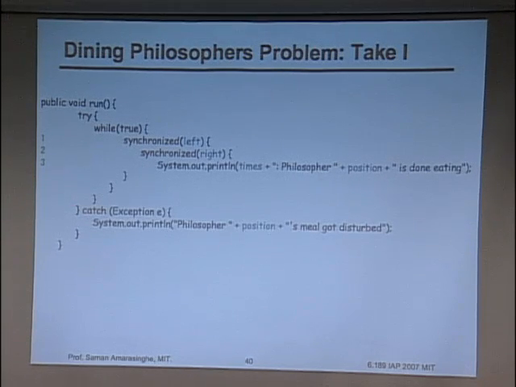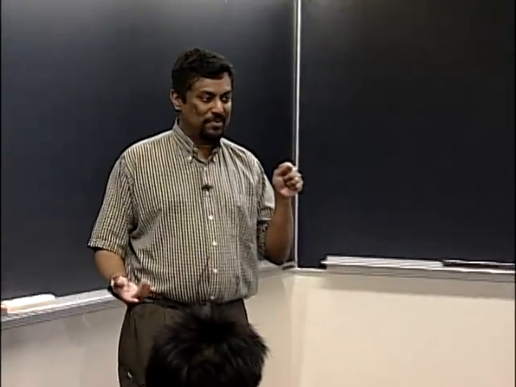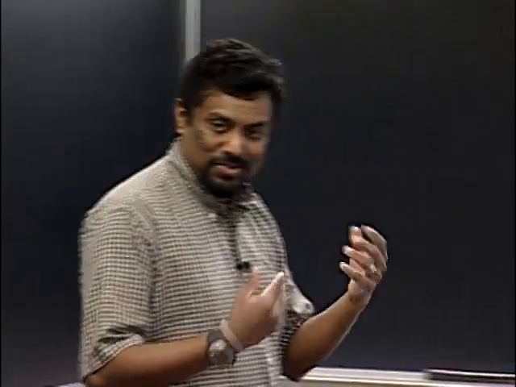He says starvation, whatever. That's literally correct, but the right technical term is different. You end up in a deadlock, because if everybody picks up the left chopstick suddenly, and they're all trying to pick up a right chopstick, there's no right chopstick available. Nobody has a right chopstick, and everybody is waiting for somebody to drop a chopstick, which is not going to happen. So you have a problem.